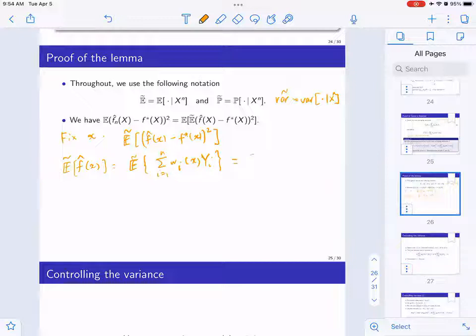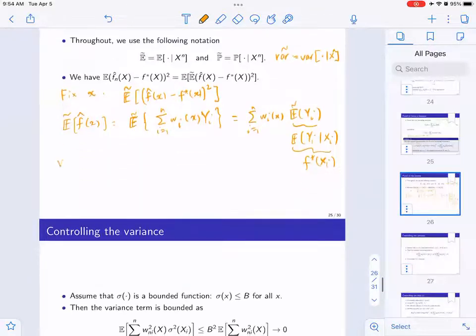I get summation i from 1 to n of w_i(x) times expectation tilde of y_i. So now what is this? Yeah, this is basically the expectation of y_i given x_i, because conditional on all the x's, this is just the one that matters, and this is just f star of x_i by definition. Okay. Good.